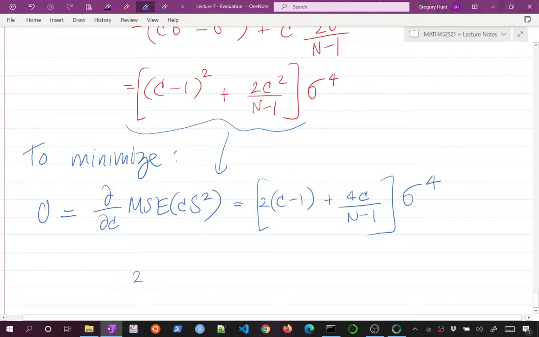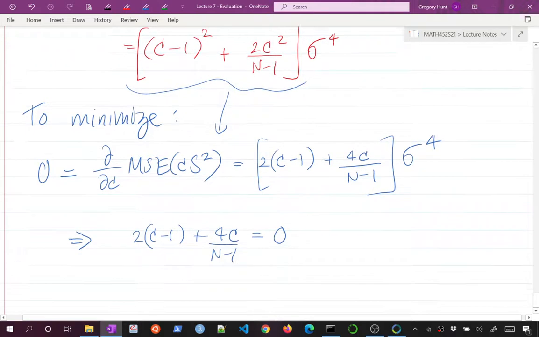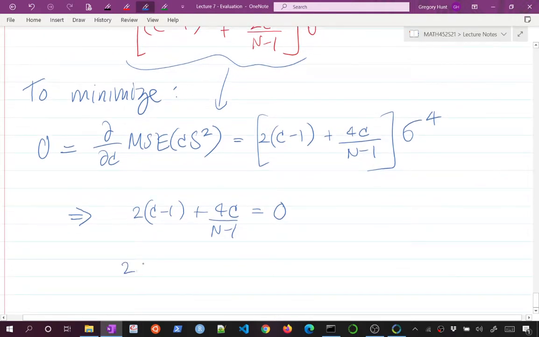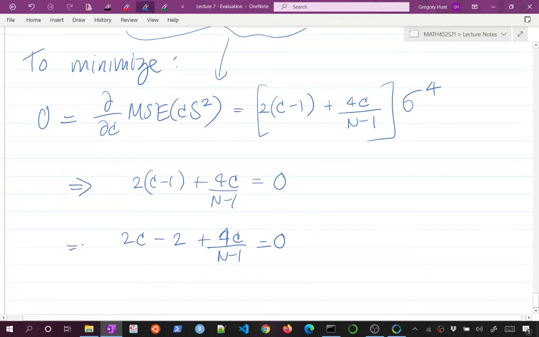We'll get an equation that says 2 times c minus 1 plus 4c over n minus 1 is equal to 0. That's 2c minus 2 plus 4c over n minus 1. Now you're just going to watch me do some algebra. Hopefully I won't mess it up. So that's what that equation is.